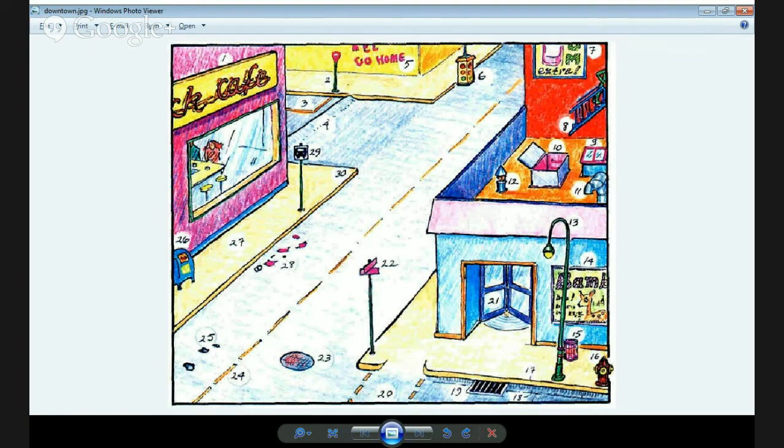So there's a stoplight above the street, and it's between what? It's between the movie theater and the cafe, right in the middle of the intersection. So I'll add one more thing.